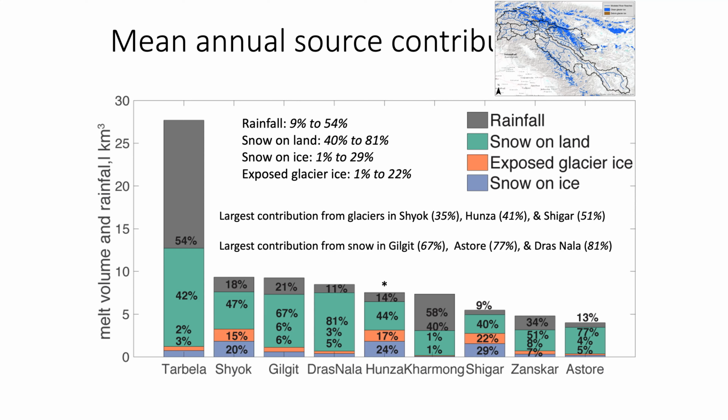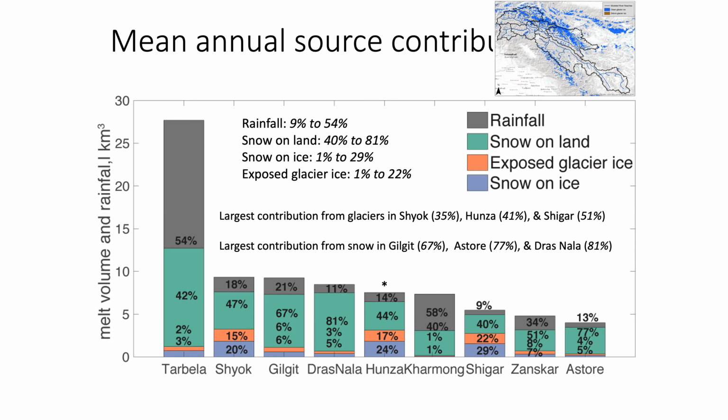Though the Gilgit is adjacent to these basins, it has a much larger proportion of melt from snow on land or seasonal snow. While the Tarbella and Drasnala are in the south and not nearly as glaciated, they produce larger volumes of melt from seasonal snow. The Karmung to the east has the lowest flow, even with its large size, because it is a more arid environment where precipitation rates are lower.